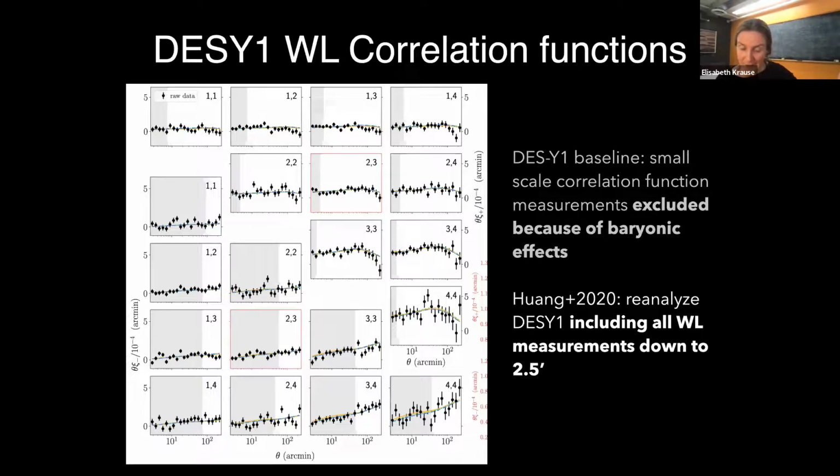We use that to predict what our observable statistics in terms of xi plus minus, the cosmic shear correlation functions, would look like. And then compare that to the same statistics predicted from dark matter only, and make sure that we throw out all the scales where the difference between these two different models is significant.